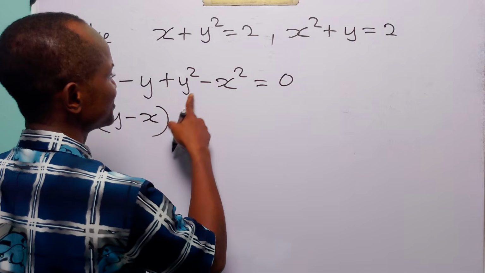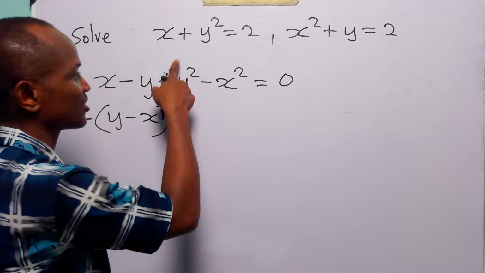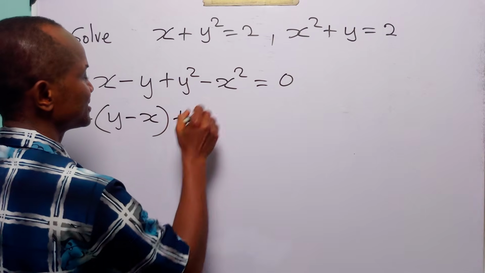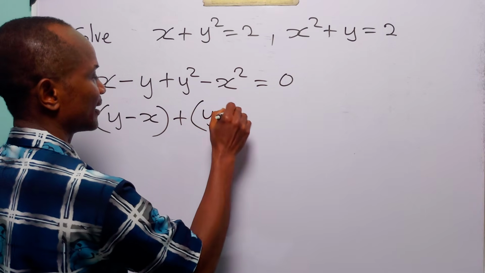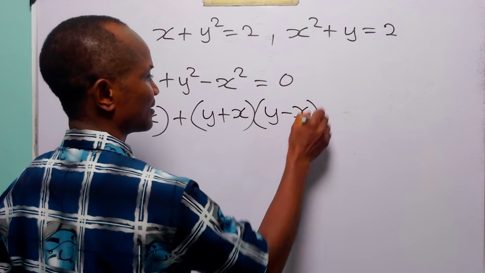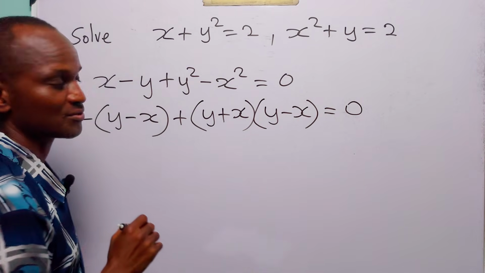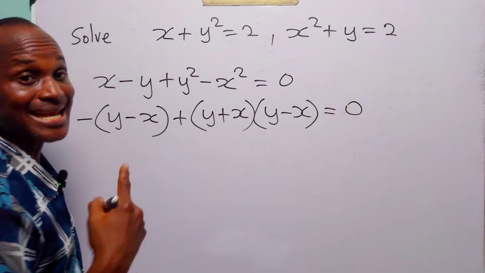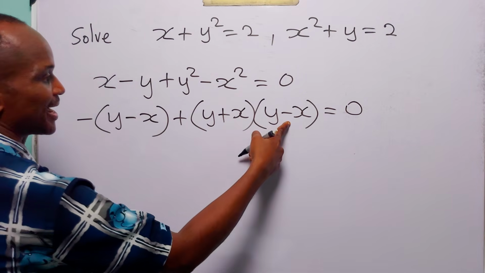Then here, between these two terms, we have the difference of two squares. And we can also factorize this. This is the same as (y plus x) multiplied by (y minus x), and this is equal to 0. Now, when you look at these two terms, you'll see a common factor, which is y minus x.